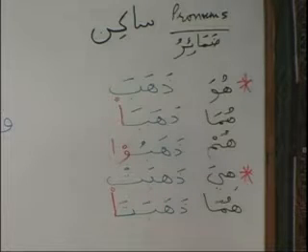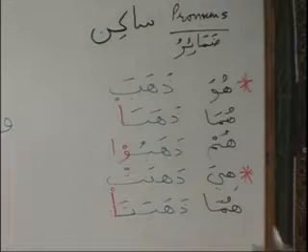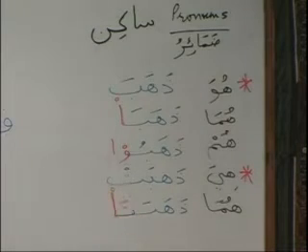Because the pronoun that is a fa'il is mutaharrik, not sakin, and mutaharrik means it has got a proper vowel sign on it. That is the difference. So whenever there is a fa'il in the verb, which is a damir, if it has got a harakat, then the lam kalima will have a sukoon.